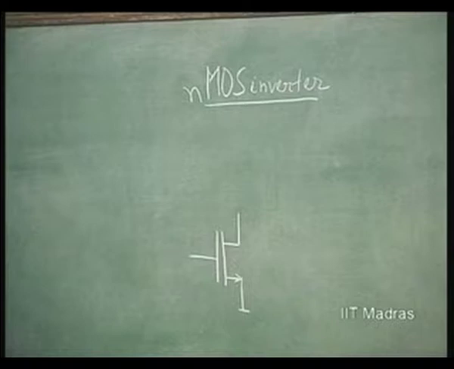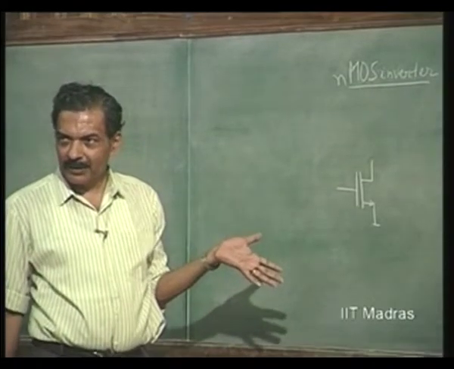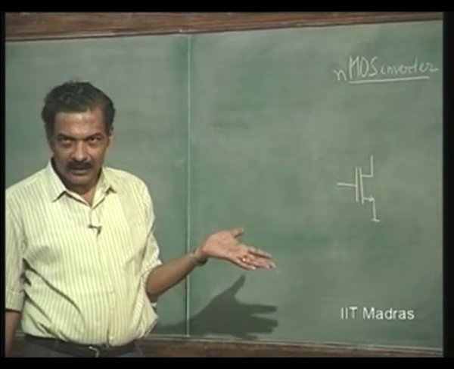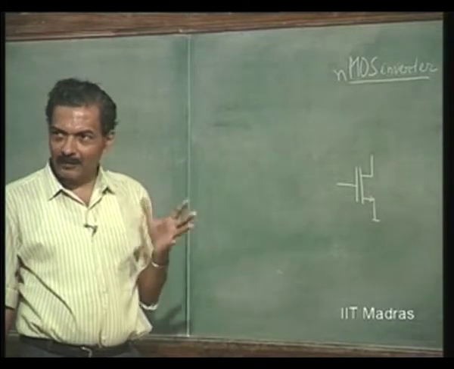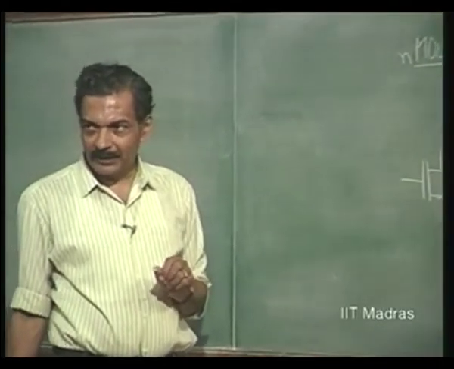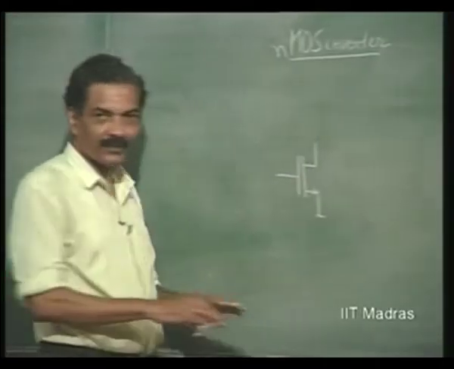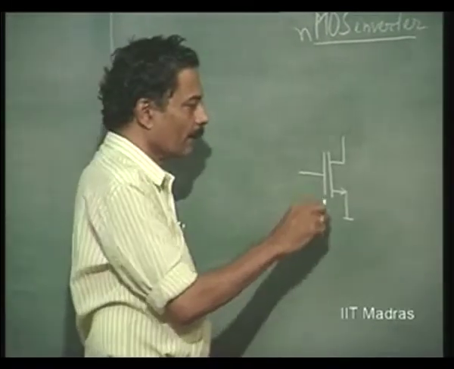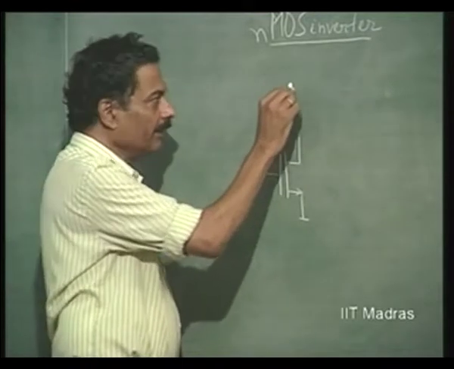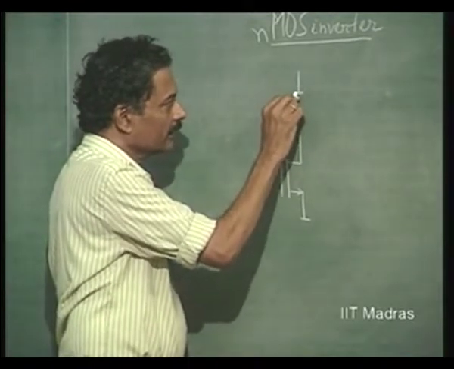Just as an example, you could as well take a PMOS inverter or a CMOS inverter, but NMOS and PMOS inverters look almost exactly identical in their characteristics, except for the voltage bias difference. So, for the time being I will put a resistor here.